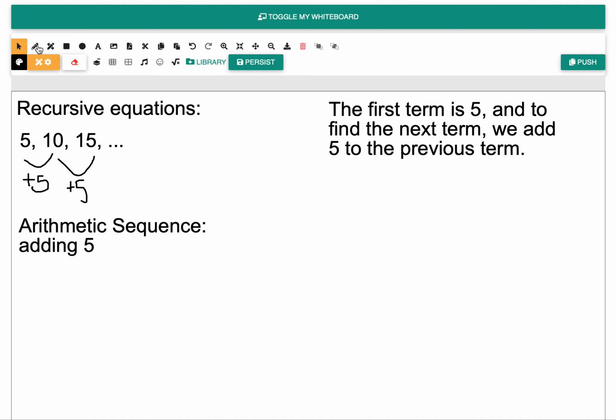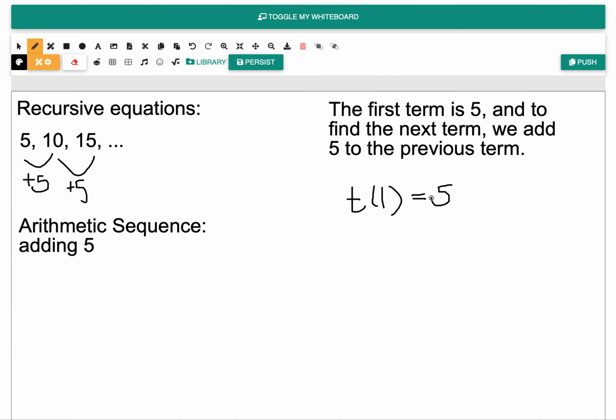So now, this part right here that says the first term is 5, the way I'm going to write it is the first term is 5.